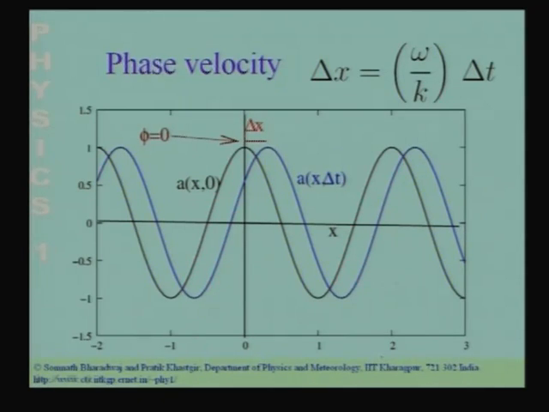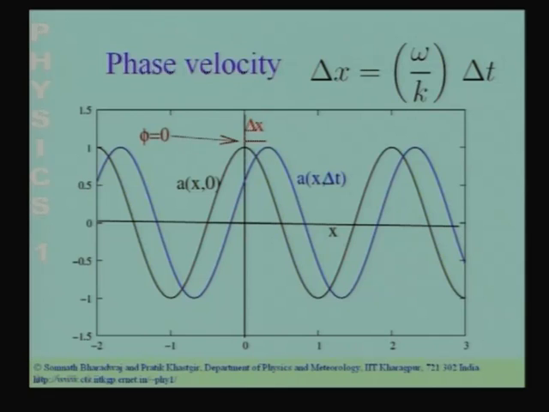The black curve over here shows you the behavior of x at the time t equal to 0. It is a sinusoidal curve, it is actually cos kx at t equal to 0, and the phase phi, which is omega t minus kx, has a value 0 at x equal to 0.